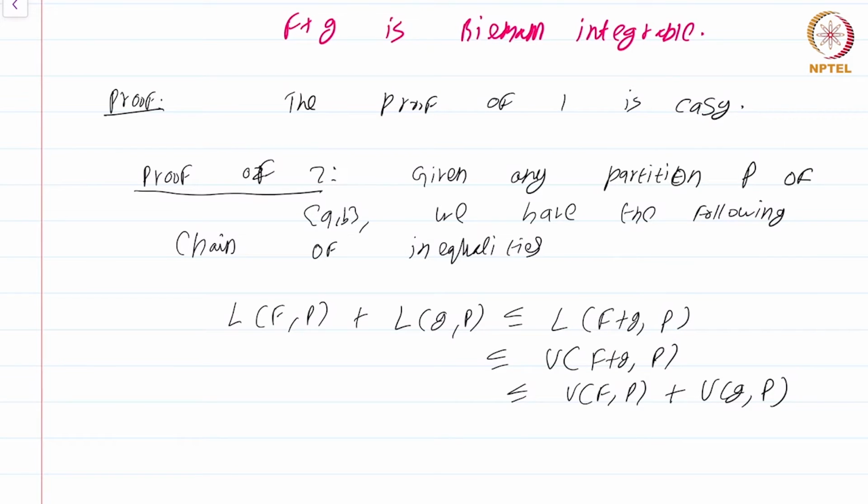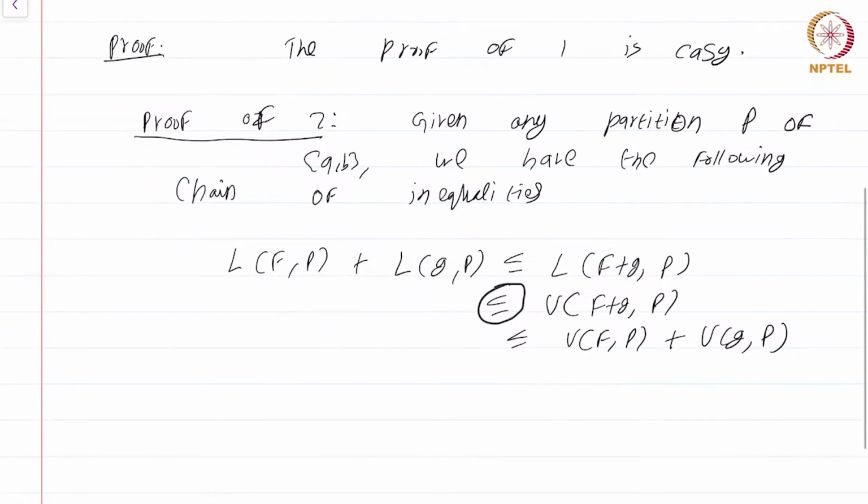Let's see why we have this chain. Now first of all, certain inequalities here are straightforward. This inequality, L(f plus g, P) is less than or equal to U(f plus g, P), just follows from one of the basic facts about upper sums and lower sums. Why is the first inequality true? Well, think about what's happening.